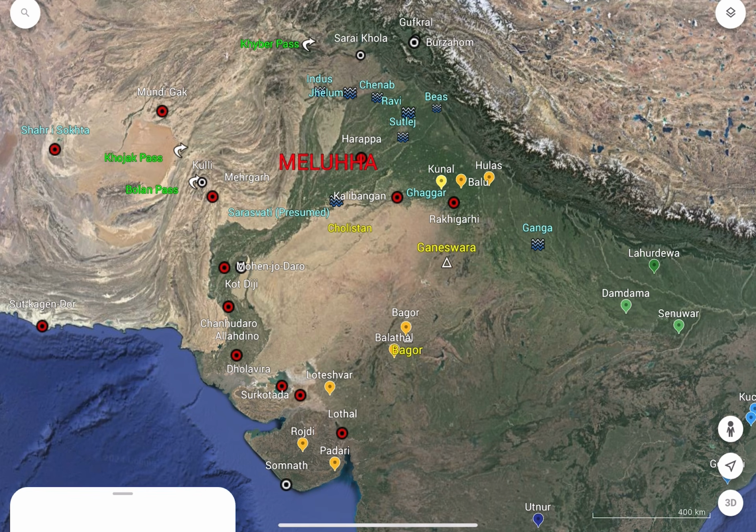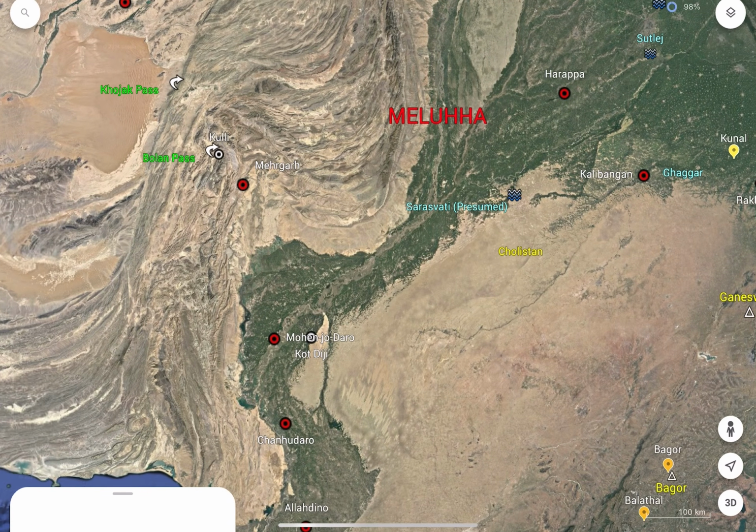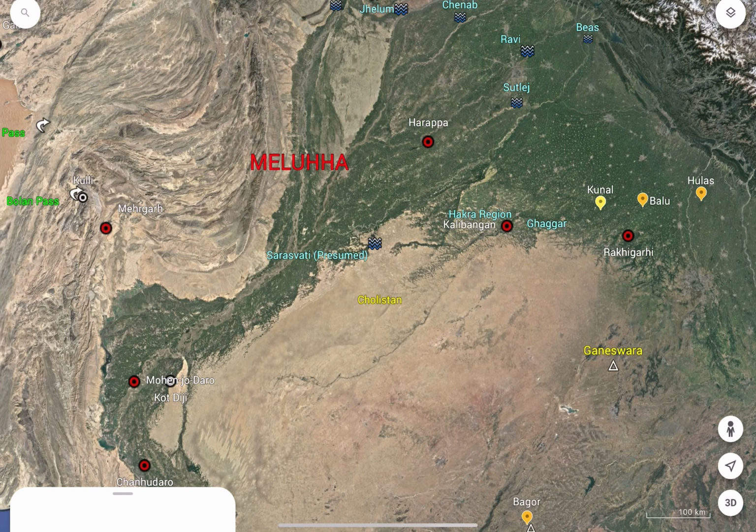Just to give you a broad idea, the oldest agricultural site relating to what became the Indus Valley civilization that we have found is Mehergarh, located here. But simultaneously, there is another equally important site in Kunal. So this forms the central axis around which various crops such as wheat, barley, and cotton, among others, were cultivated.